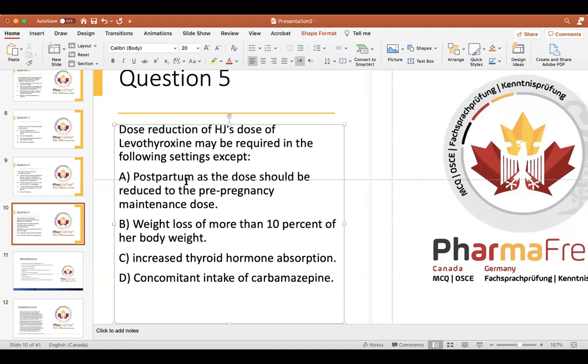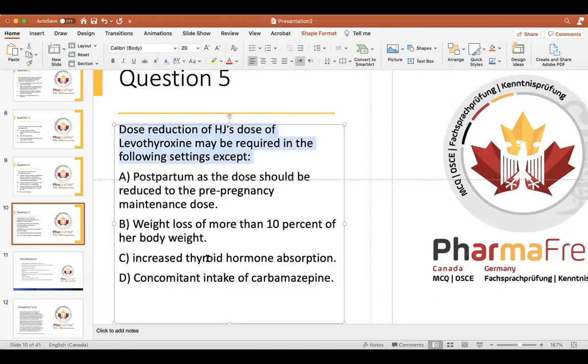After the delivery or postpartum, we need to reduce the dose and get it back to the pre-pregnancy dose. Carbamazepine is an inducer, so you may need to increase the dose, not decrease it.